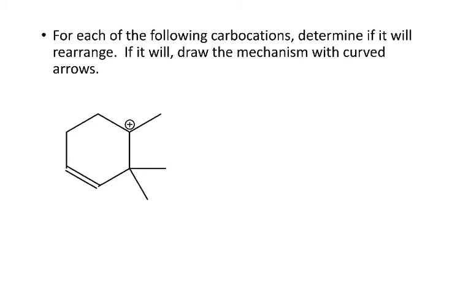All right, here's another example. Now I'm starting with a tertiary carbocation, which is generally stable, but I see this enticing double bond over here. I think if I can move this carbocation down here, then I'll have a resonance-stabilized carbocation, which would be more favorable. There are no hydrogens here, but I can take one of these methyl groups and undergo that carbocation shift.